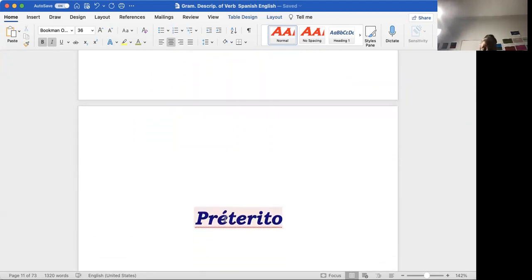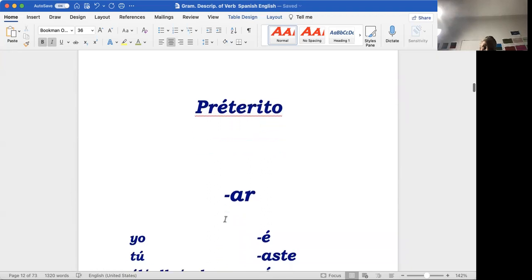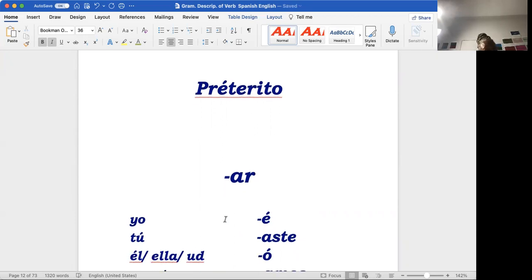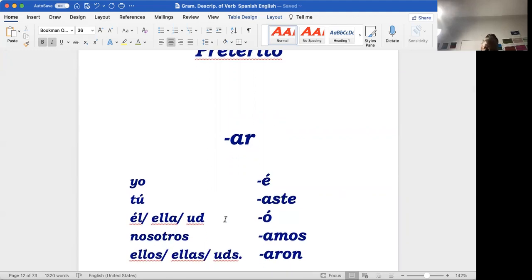Now let's look at the pretérito in Español. Yeah. So you have the AR verb. So the AR verb, once again, you use the simple form of the verb, and here are the endings. And remember, this is regular. A, with an accent. That accent is important. Otherwise, it can be misunderstood for another conjugation, not congregation.